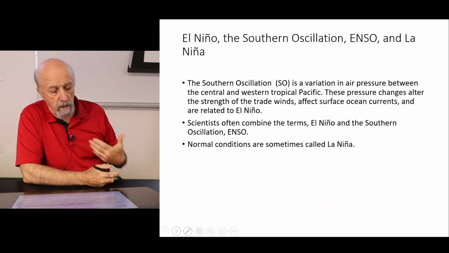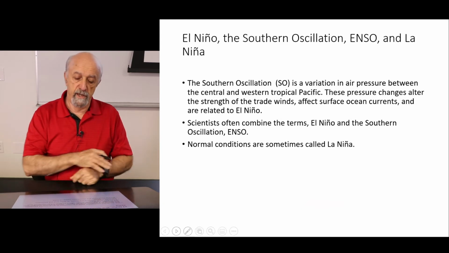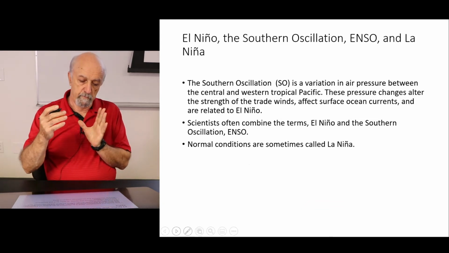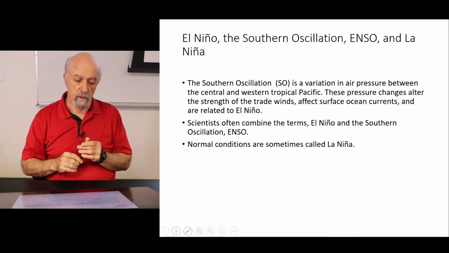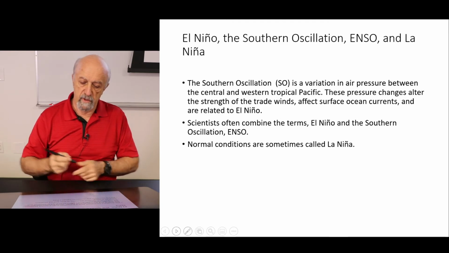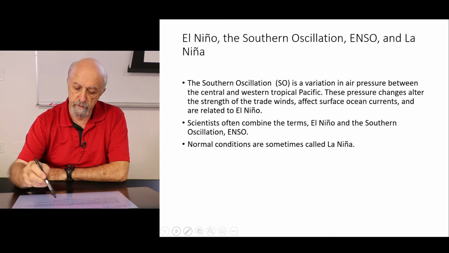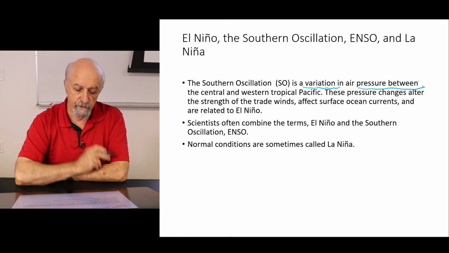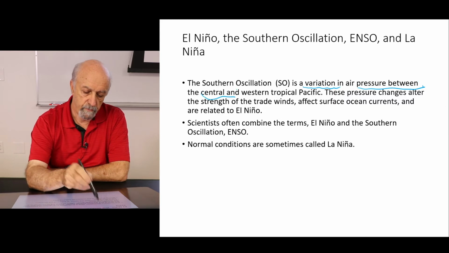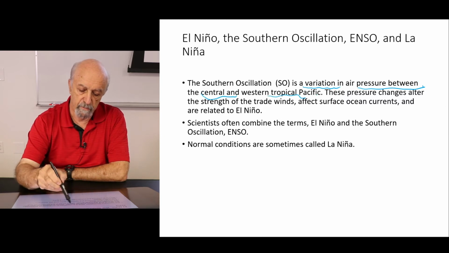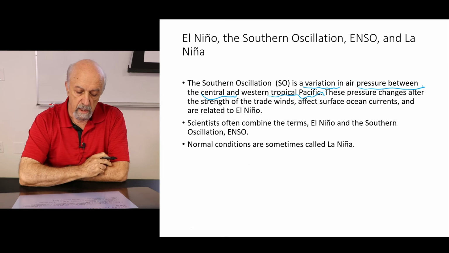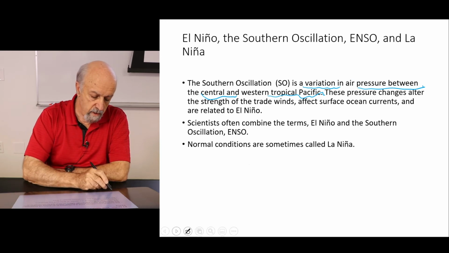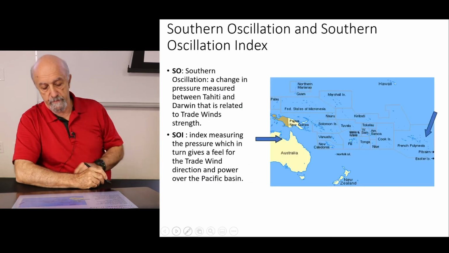is essentially ruled by the strength of the trade winds, but it can also be observed by a variation in the pressure between two different places, central and western tropical Pacific. Like this.